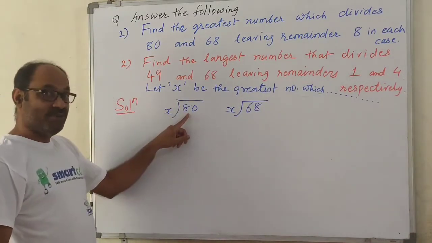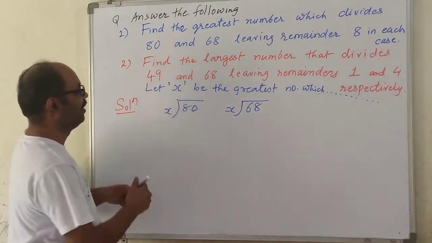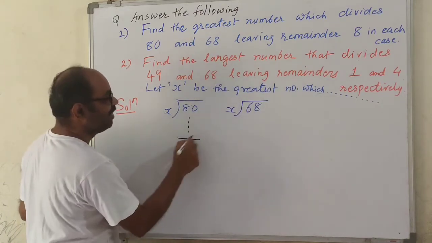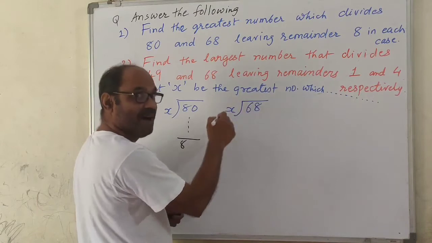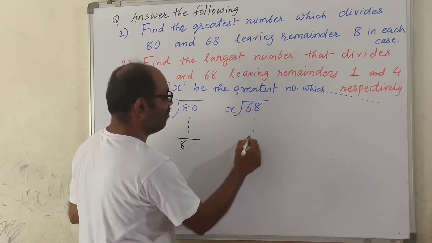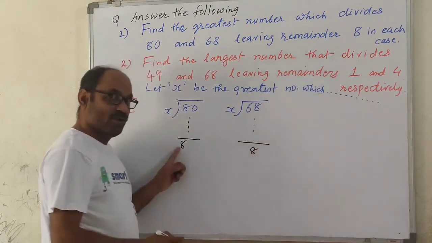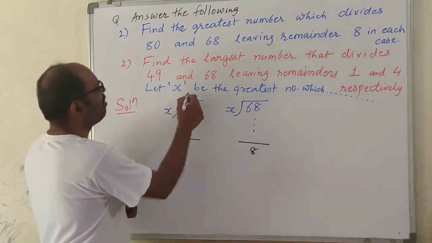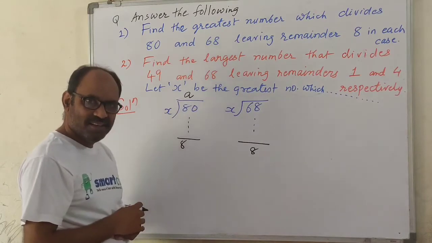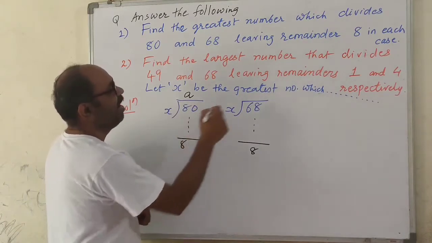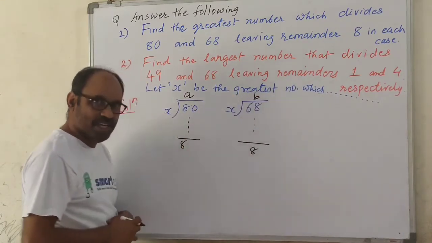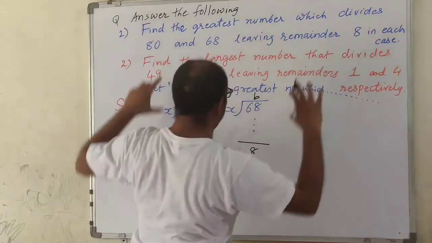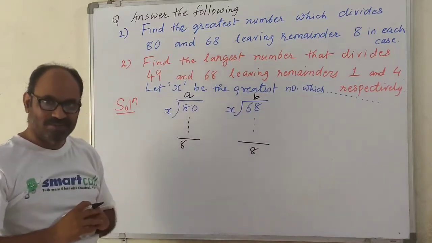So see, when you divide 80 by x, the remainder is 8. When you divide 68 by x, the remainder is 8. You know about the remainder, but you don't know about the quotient. So I'll say here the quotient is A, and here the quotient is B. See, this statement is put in symbolic form.